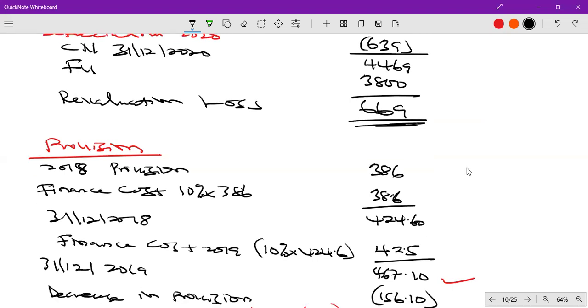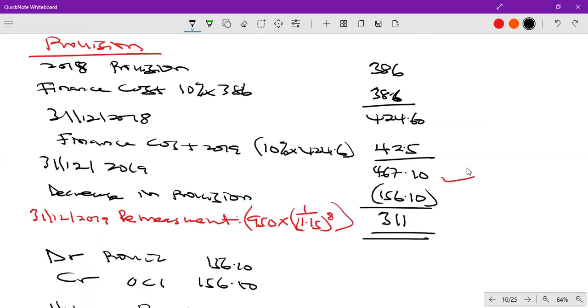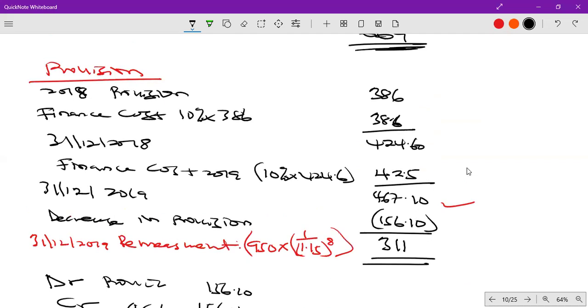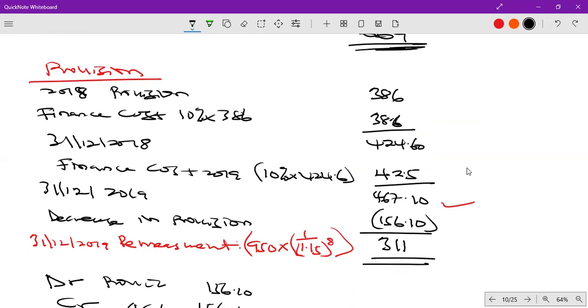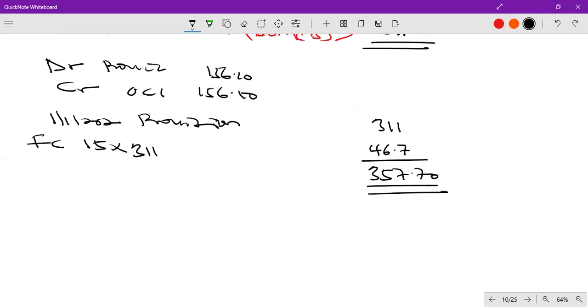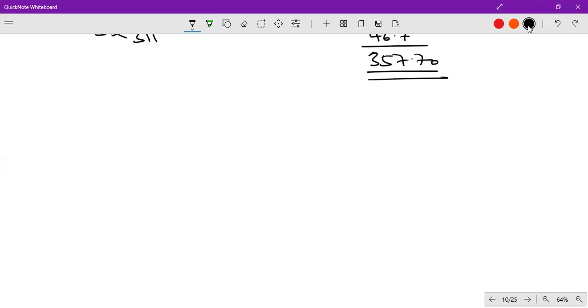Okay, so let's answer the question. I believe we are okay now. Let's answer the question and then we'll move on. The question says that we should present it in the P&L. So this is the P&L extract.